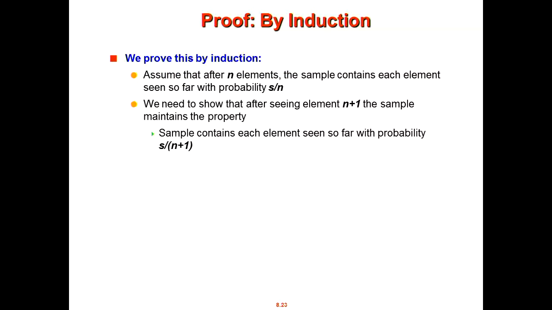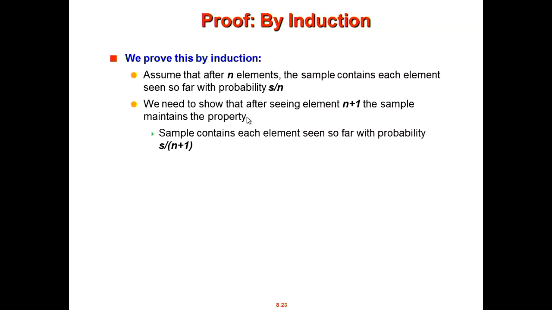We can prove this by induction. We assume that after n elements, the sample contains each element seen so far with probability S over n. This is the assumption of our induction, okay? And what we need to do is show that after seeing element n plus 1, the sample maintains this property. So the sample contains each element seen so far with probability S over n plus 1, right? So that's the induction step.